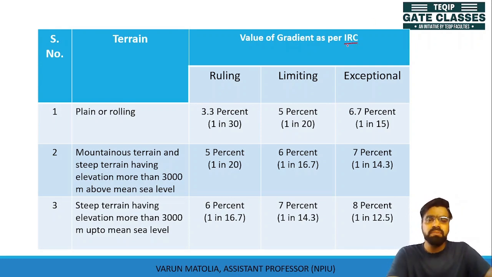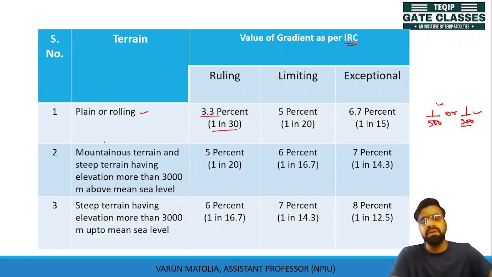These are the maximum values of gradient which should be provided on different types of roads. For plain or rolling terrain, the ruling gradient is 3.3% or 1 in 30. If you compare the minimum gradient, that is 1 in 500 or 1 in 200, these are very flat gradients.